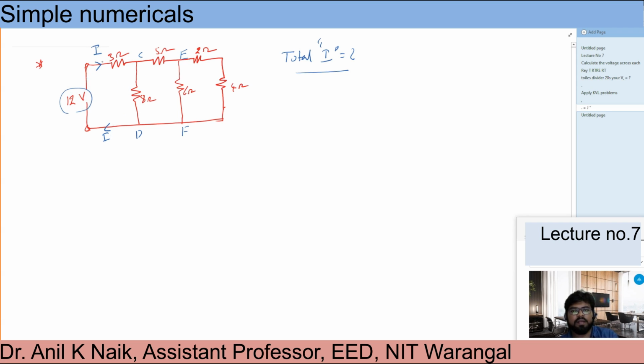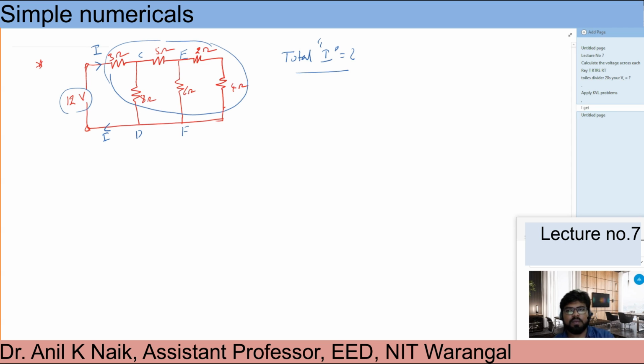So I need to find this total current. To find this, I need to replace all these elements with a single resistance value, that is, the equivalent resistance of all these elements.